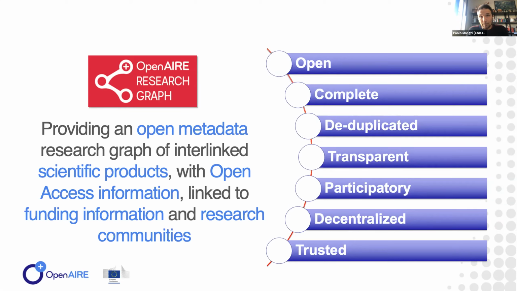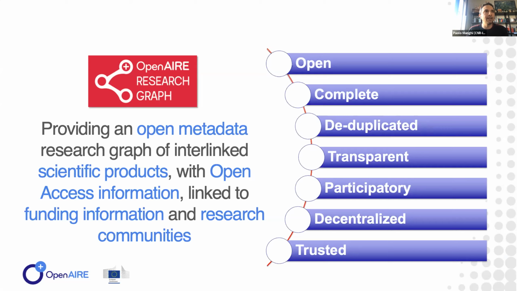So for that, we want the graph to be open and complete. And by complete, we mean we want to include all trusted sources, used daily by researchers. We have roughly 12,000 today. We want the graph to be deduplicated, because we typically collect the same information about the same entities from different places. We want it to be transparent, so we want to be able to track back to every single source, be it a data source or an algorithm that we use, in order to know where the data comes from. We want it to be participatory, in the sense that through the guidelines and several mechanisms, we invite people to offer their data through the data sources.